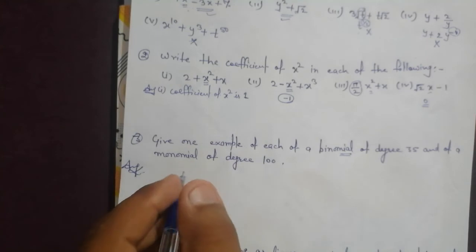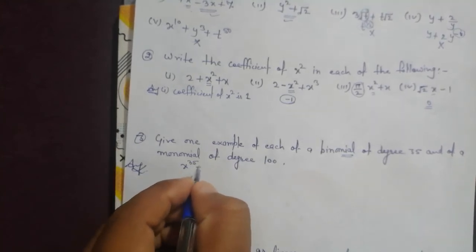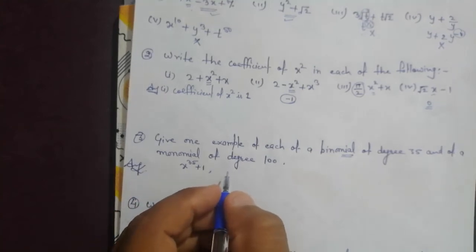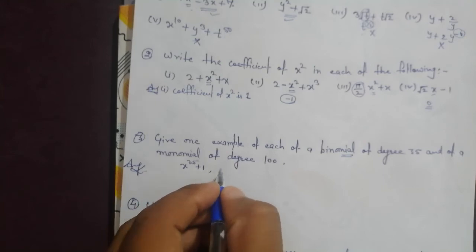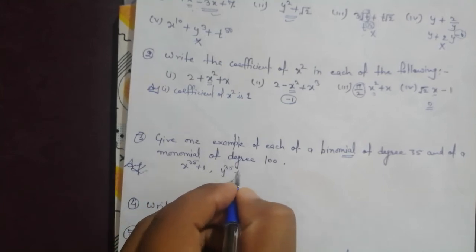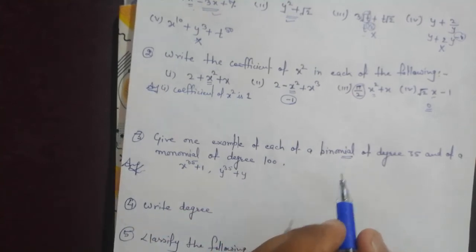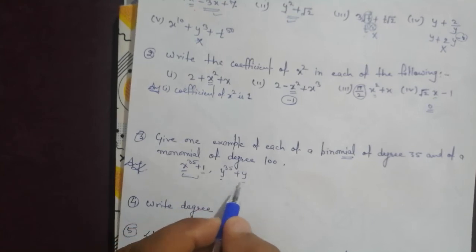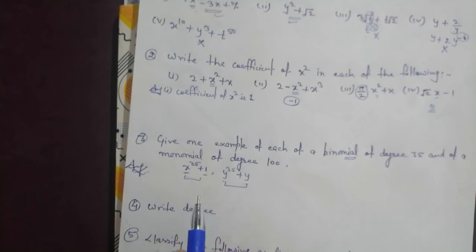Now we can write an example as x power 35 plus 1. Any example you can write, in that you have to choose the power as 35. We can write y power 35 plus y, and two terms should be there, the first term and the second term. So any one example we can write.